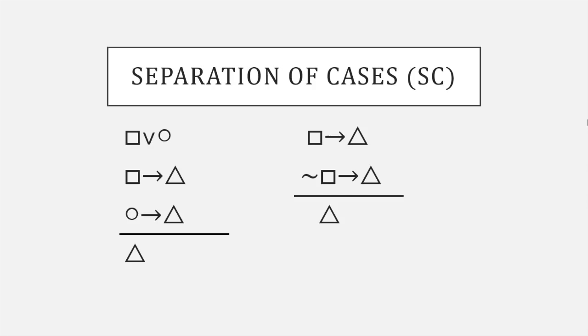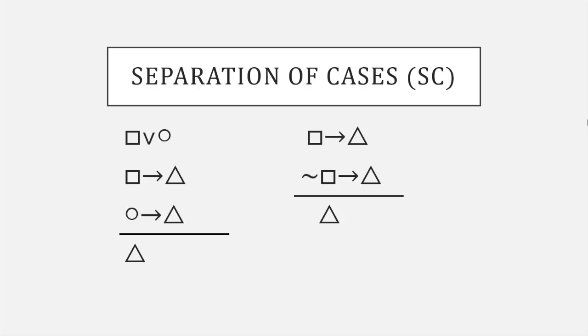So separation of cases. Both of these are the same rule, basically. These are just the same rule in reverse. Notice that this is the first one we've had that's got 3 inputs. The first separation of cases rule requires 3 things to get triangle out. I hope you can see how triangle comes out of this.